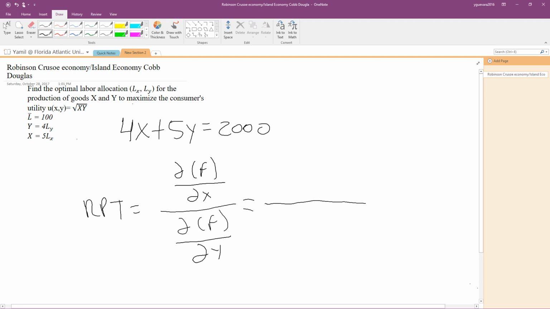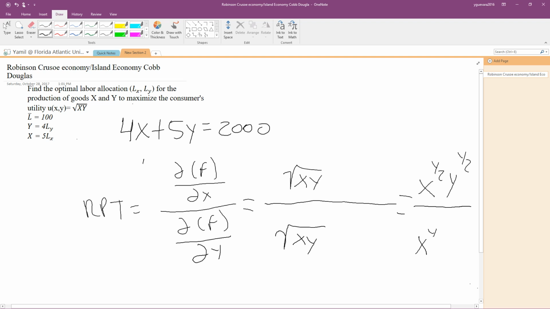Don't be afraid of calculus. Calculus doesn't bite. So our utility function is the square root of x times y. There's one thing I don't like about the square root here. I always like to rewrite it as x to the power 1/2, y to the power 1/2.